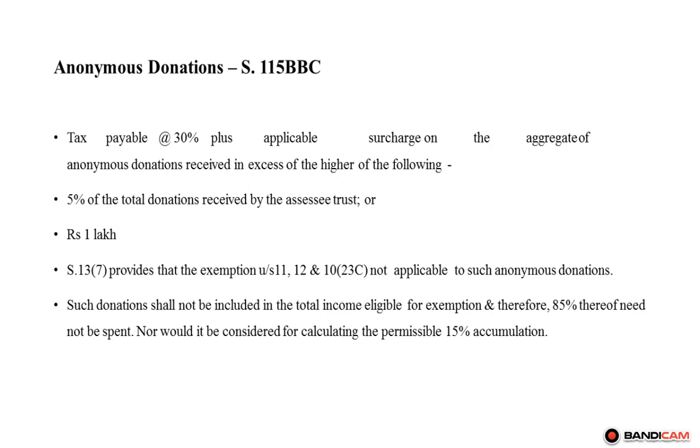Therefore 85% thereof need not be spent, nor would it be considered for calculating the permissible 15% accumulation. So here anonymous donation cannot be kept aside at 15%, or not spend 85% amount for the charitable purpose.